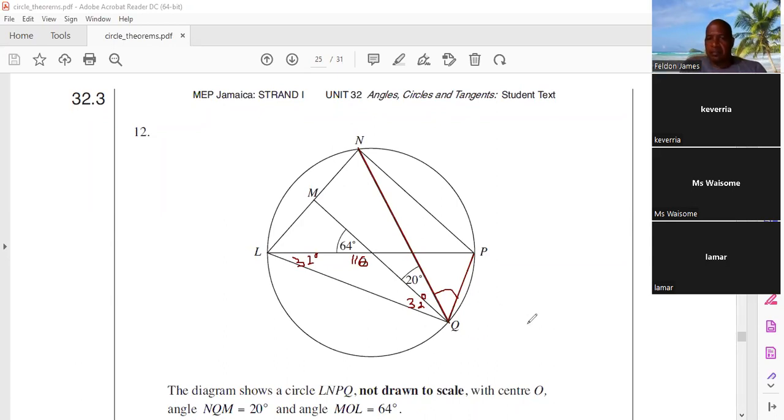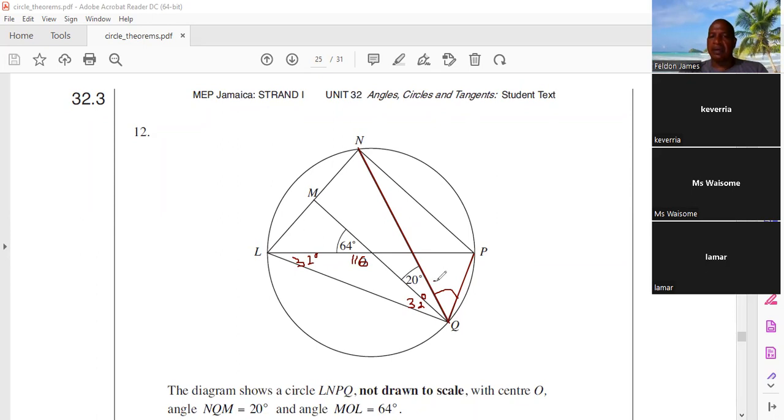Sir, the answer would be 38. With NQP, you can't just say angle Q. You have to say angle N. Okay, so it's NQP. Right. All right, so 38 degrees.